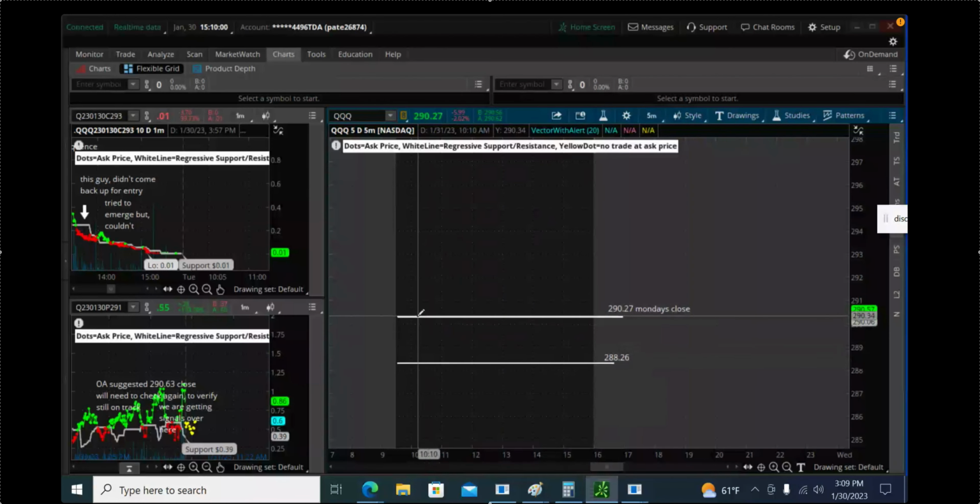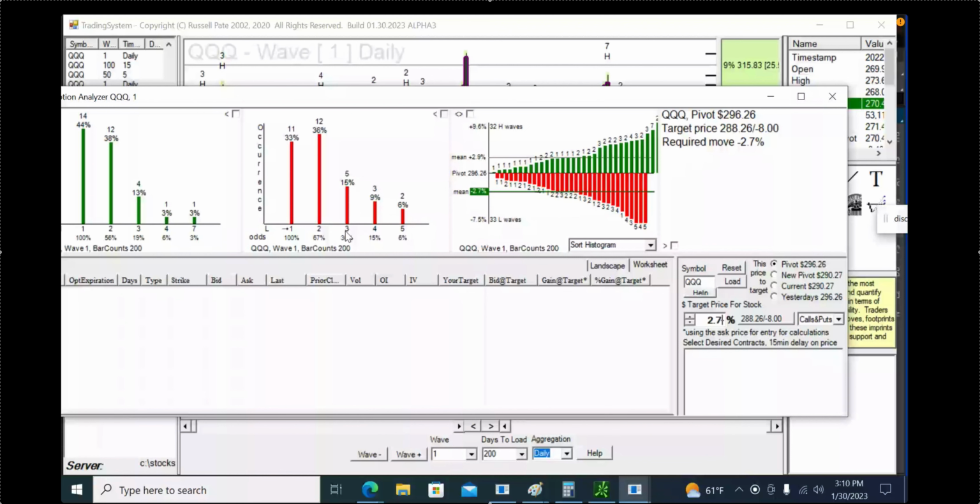And if I wanted to take a put contract right now at close, which is totally valid, look over here. We've got a 67% chance tomorrow of carving out an L2. So if I wanted to take a put contract, I come down here and ask, what's my lowest hanging fruit on the tree?